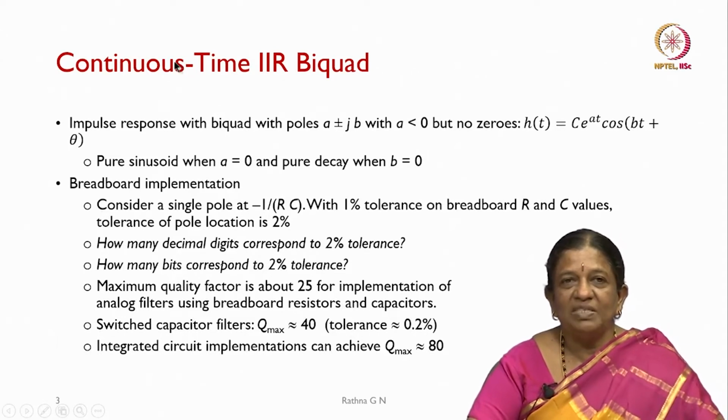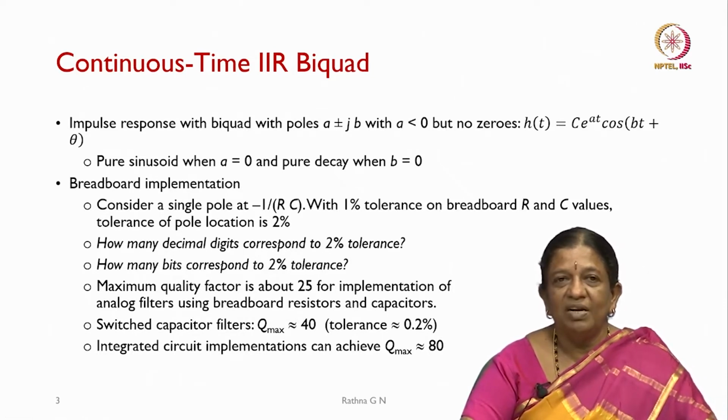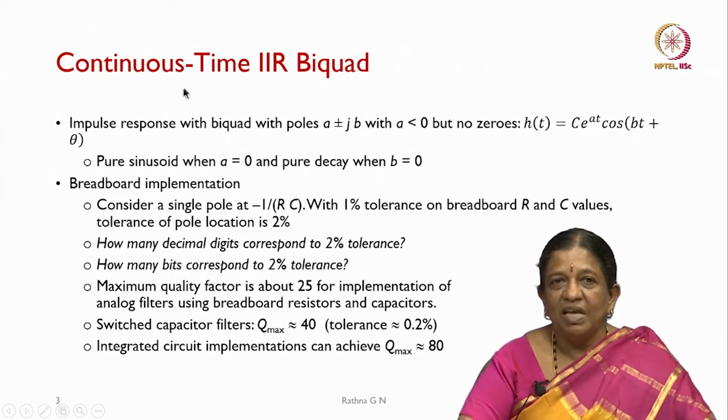What we had taken was structure 1, our direct form 1. Here we will see how a biquad has to be designed. In the continuous domain first, and later we will go back to the digital domain.